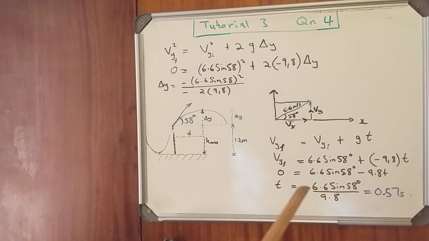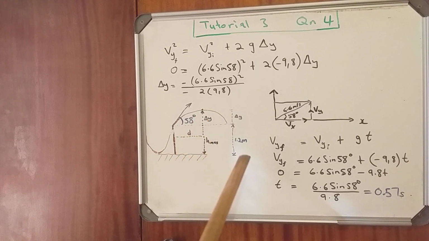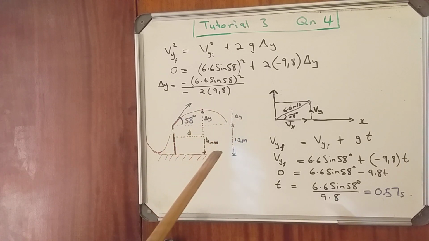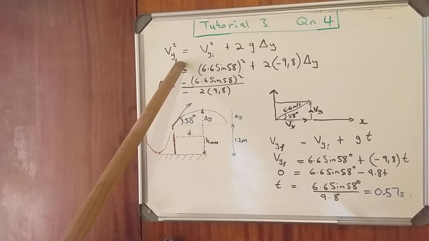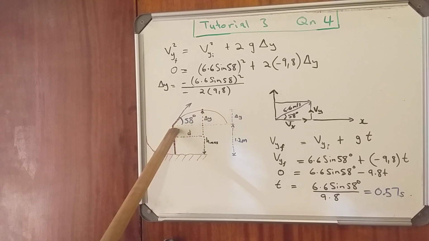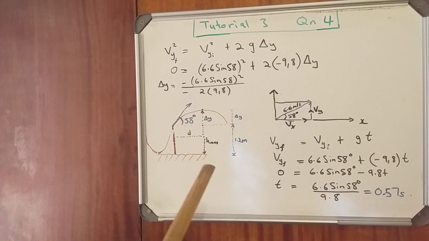Now we want to calculate the change in y, the distance moved from here to there until it reached the top, where the final velocity Vf is equal to 0.